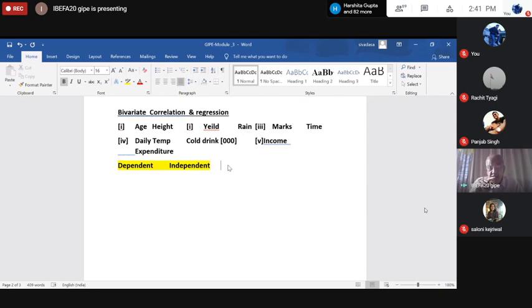Given an age 23, how much is the height among the boys? How much can be the height among the girls if you want to predict? You have to study correlation regression.